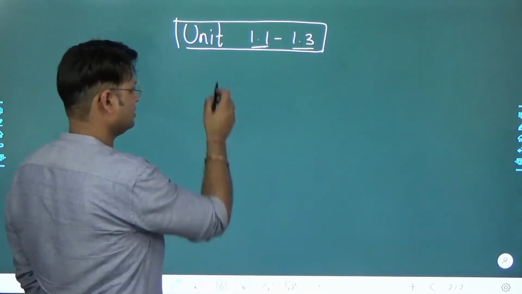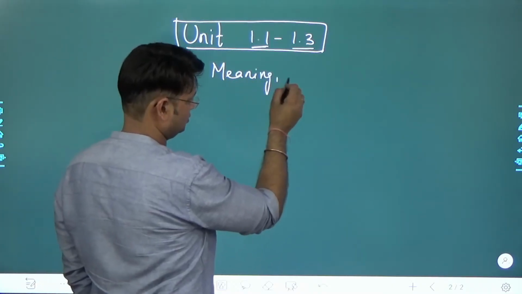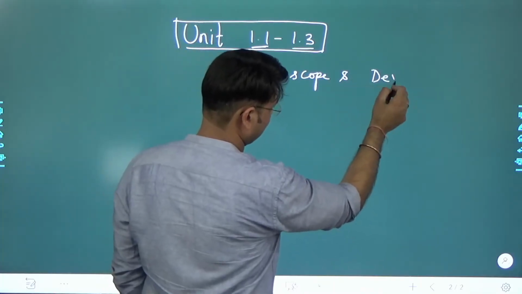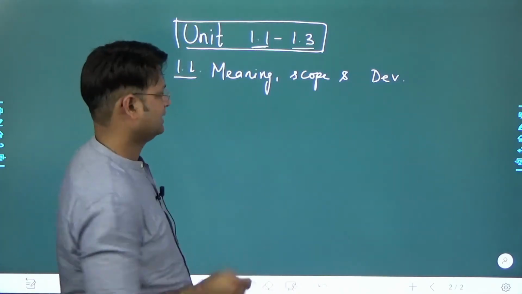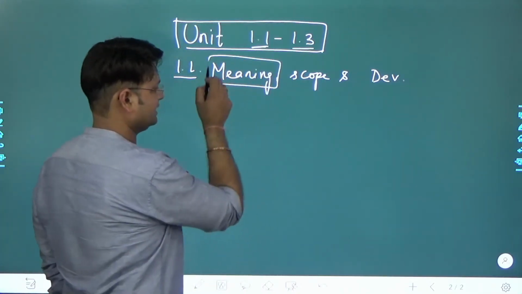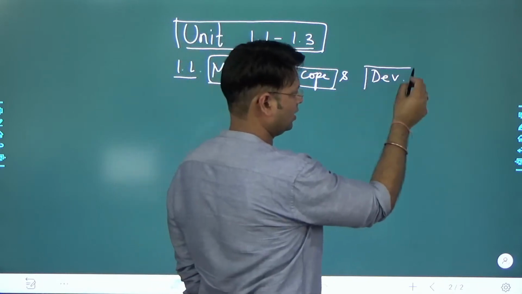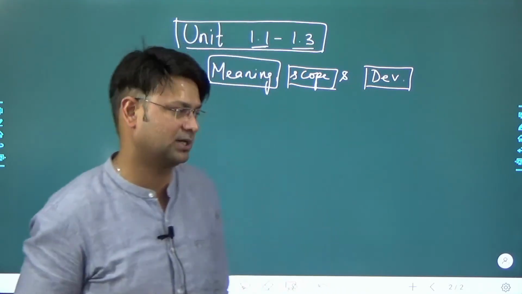Here we have meaning, scope and development of anthropology. This is in part 1.1, right? That means what anthropology is, what its scope is and how it developed as a discipline, that is our purpose of study, right?